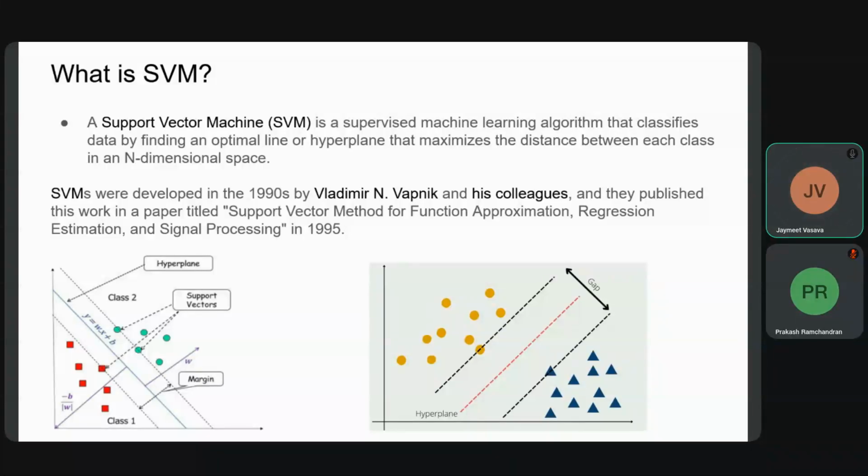You can see that these are linearly separable because we are able to find a space where data points can be linearly separated. And when the margin lines are there, we try to make them as large as possible.